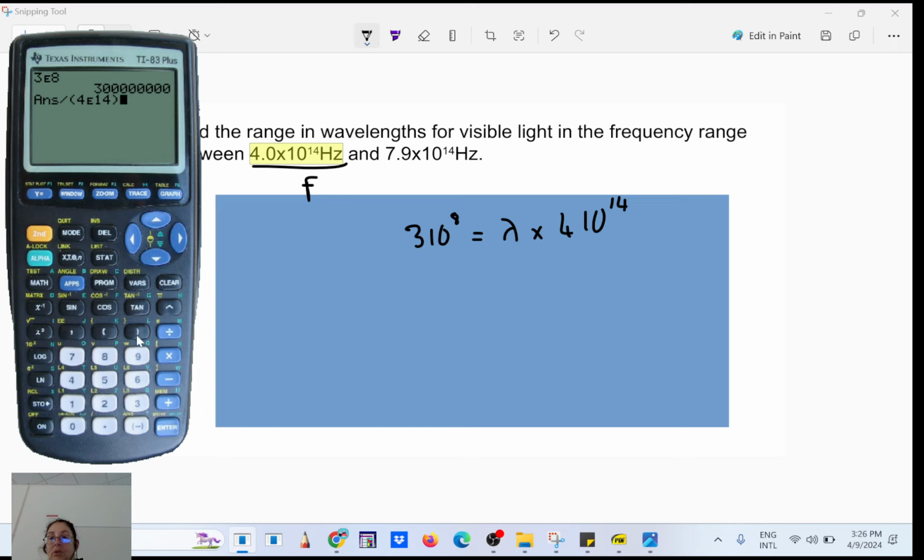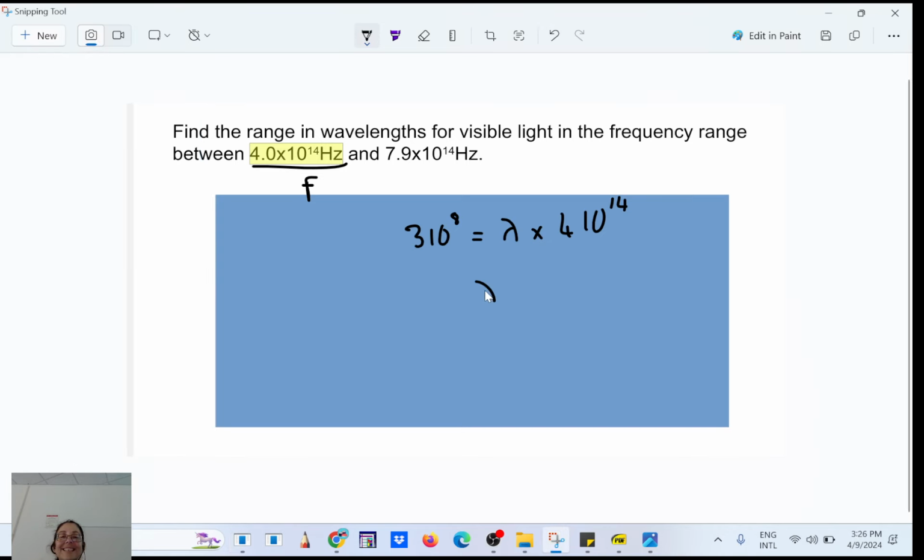Make sure you close the parenthesis here, and you get 7.5 times 10 to the negative 7 meters.